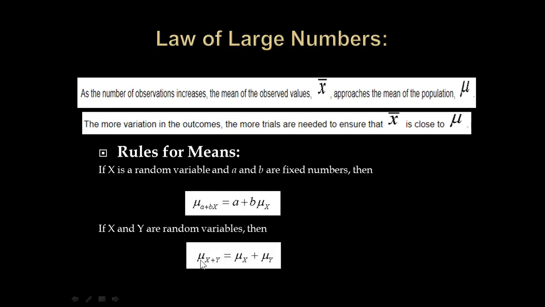The other one, if it is represented by x and y random variables, mu of x plus y, or the population mean of the sum of x plus y, is equal to the population mean of x and the population mean of y.